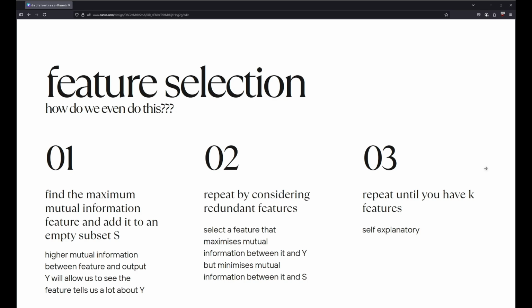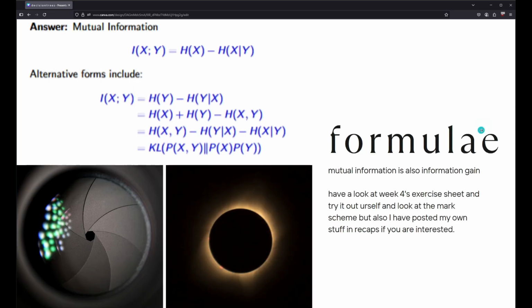Now, there are algorithms that will actually help you to select a good k. These are more so dimensionality reduction algorithms, such as PCA, things like that. Obviously, you don't need to know this for the exam, but I think it's still worth having a look at how you can actually select k features, just so you can get a better idea of machine learning and decision trees.